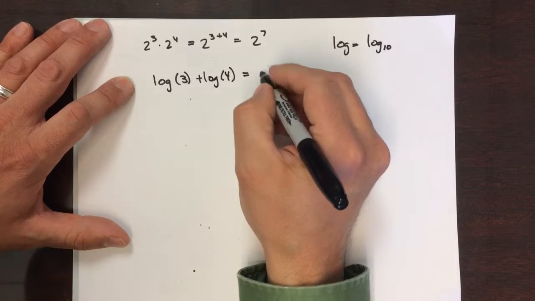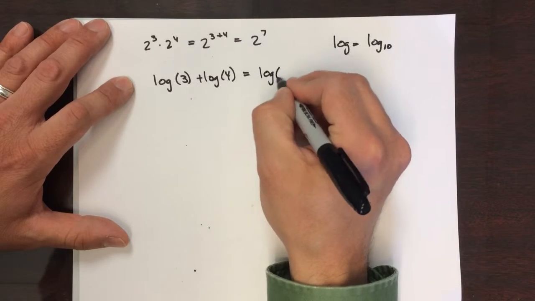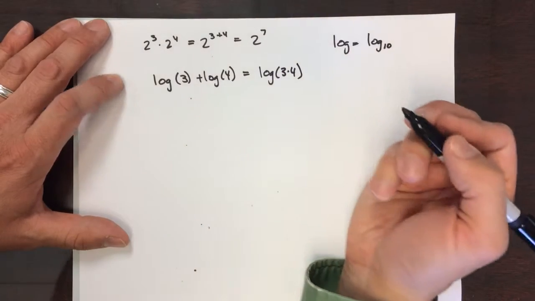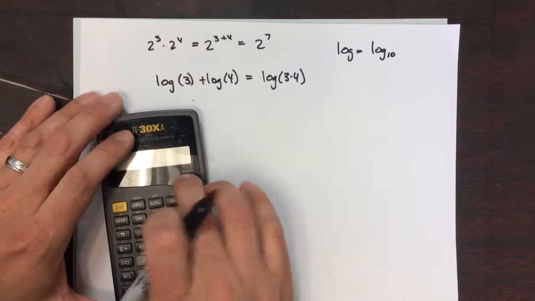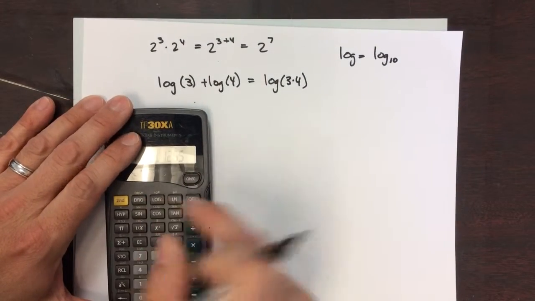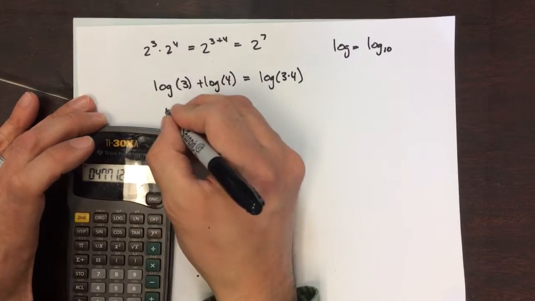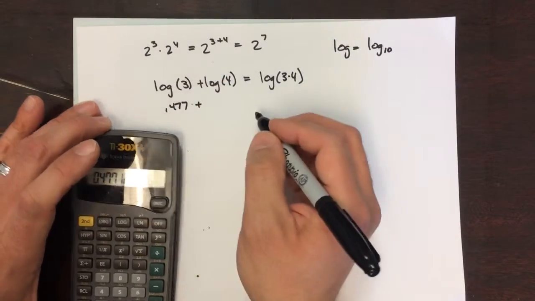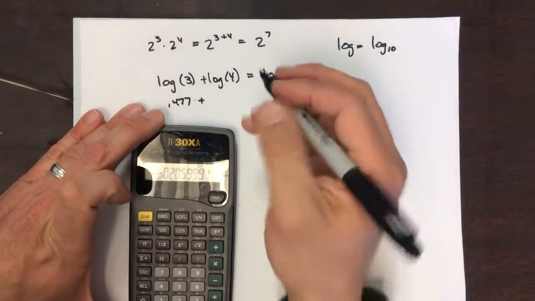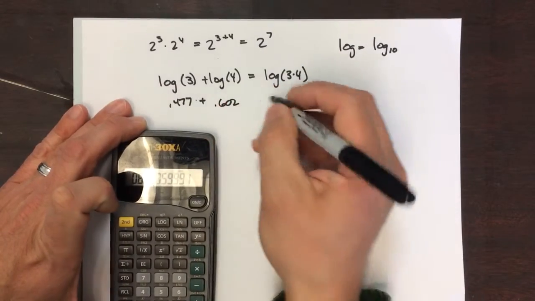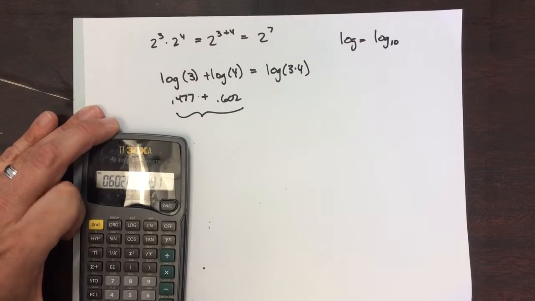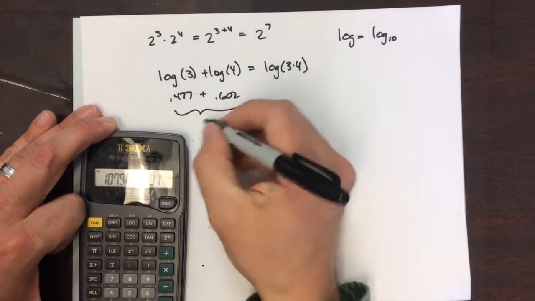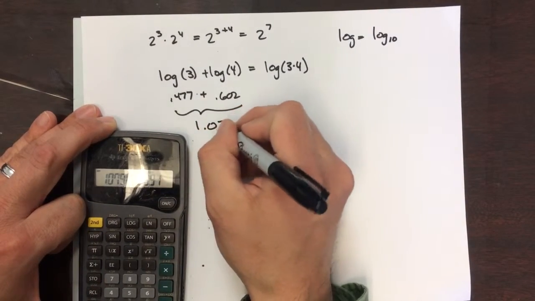That would be equal to the log of 3 times 4, which doesn't make any sense in regular math, but if you do the numbers, we can take the log of 3, that's 0.477, and the log of 4, that's 0.602. If we add those two numbers together, that is 1.079.